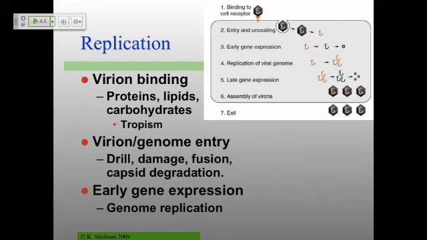If you are an enveloped virus, one of the great things about having a membrane around yourself is that most cells have membranes around them, and membranes love to fuse with each other. So that's a really easy way to get inside the cell. And then once you get inside the cell, you've got to release your genome. So in many cases, you have degradation of the capsid, and that can be either a cellular-mediated degradation or, in fact, a virus-mediated degradation that takes place.